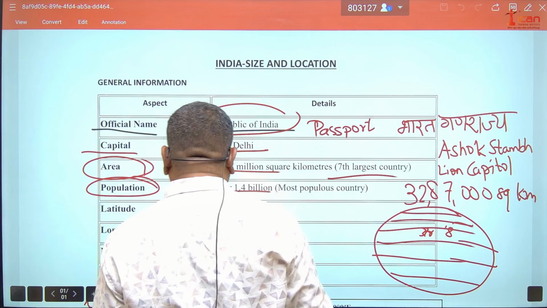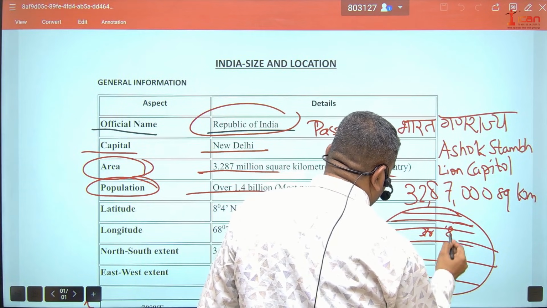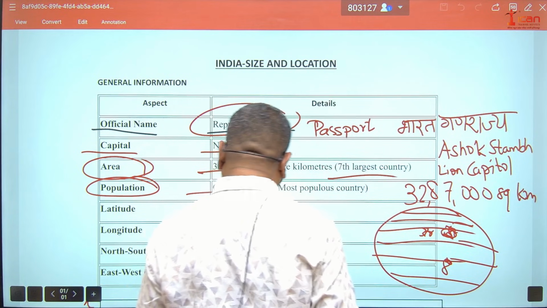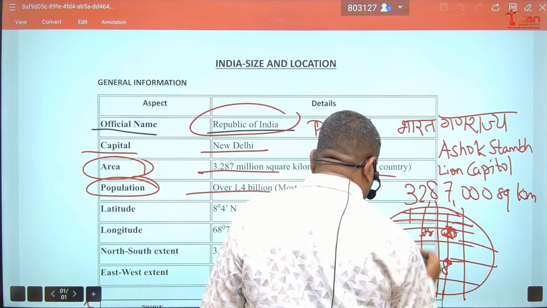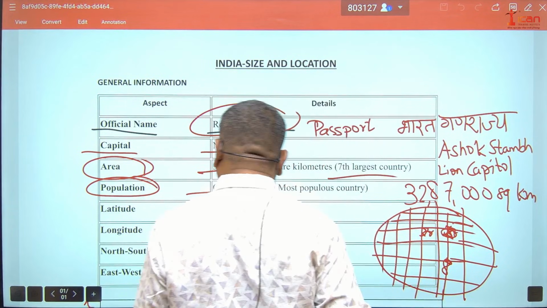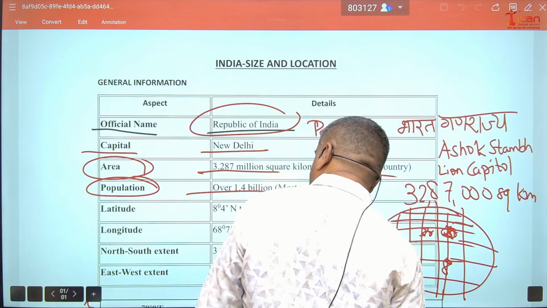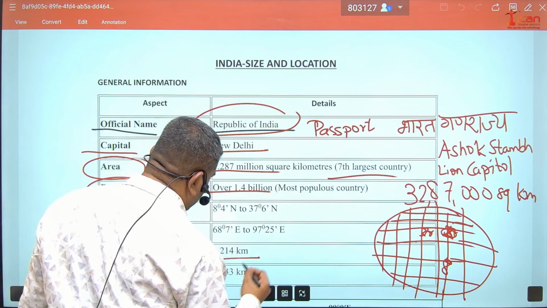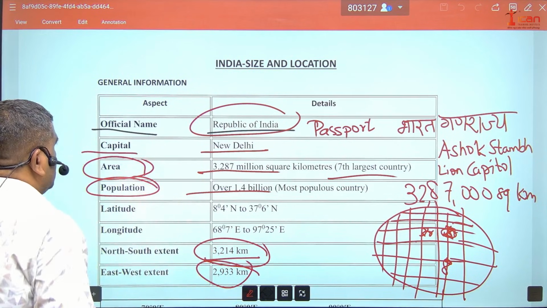Then what is the longitude? Longitudes are the vertical lines. We are at 68 degrees east to 97 degrees east. What is the north-south extent of the country? It's 3,214 kilometers. The east-west is 2,933 kilometers.